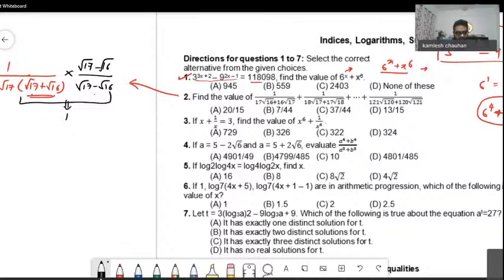So what we have is square root of 17 minus square root of 16 divided by this, which can be written as square root of 16 minus square root of 17. So each of the parts can be written in this form. Everyone clear?